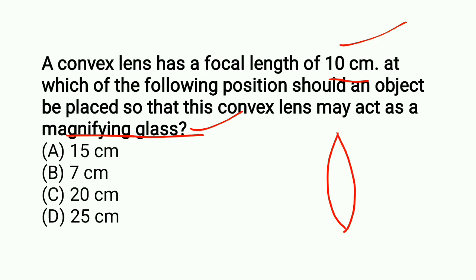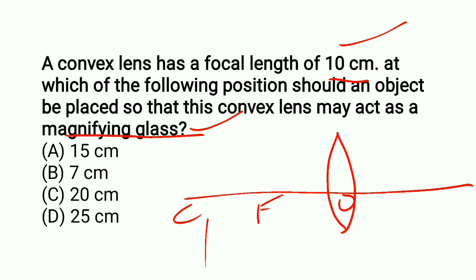So this is the convex lens, optic center, focus, and the center of curvature first. This is the focus first, second, and center of curvature is here, right? And here the distance between the optic center and the focus, that is the focal length, is 10 centimeter.